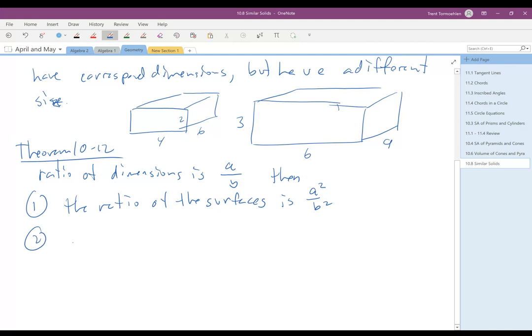And then the ratio of the volumes, and this is a super important point, is A cubed to B cubed.